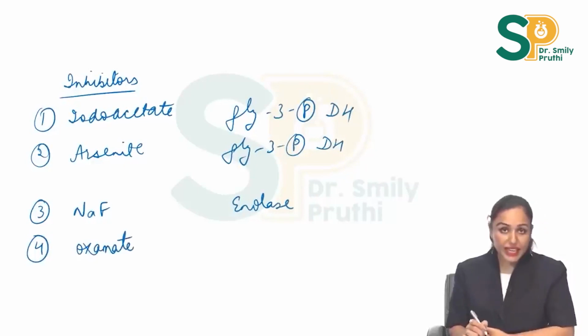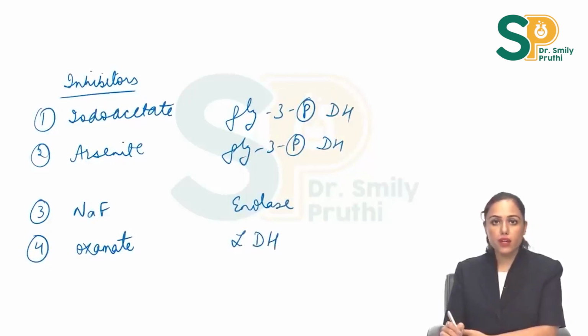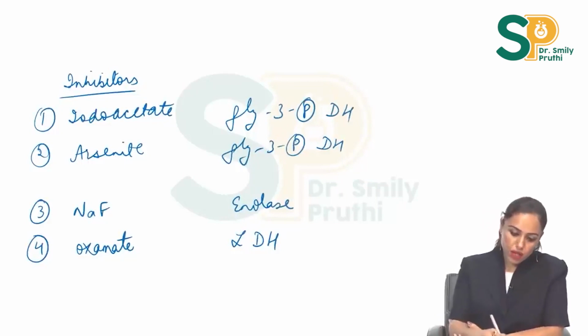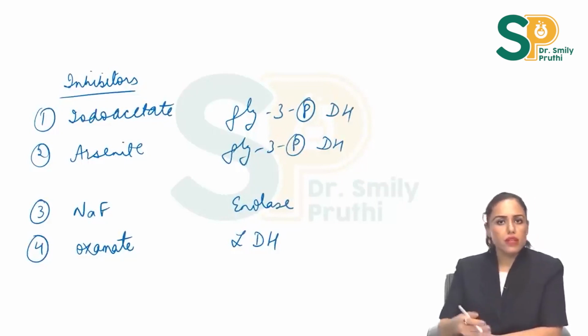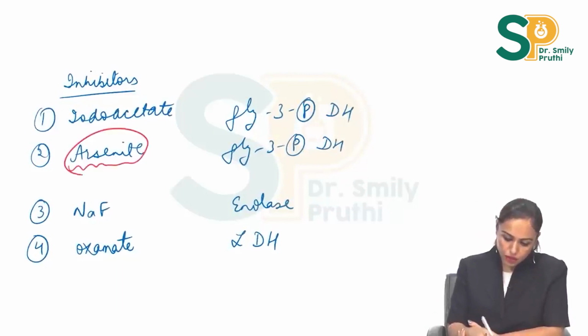This is not oxalate, this is oxamate, which is an inhibitor of the enzyme lactate dehydrogenase. So I have told you these 4 inhibitors of glycolysis. Inhibitor means the pathway will be inhibited, right? But there is one special thing for arsenate.